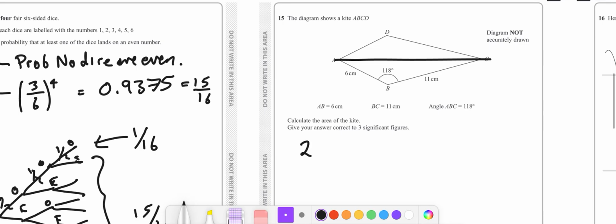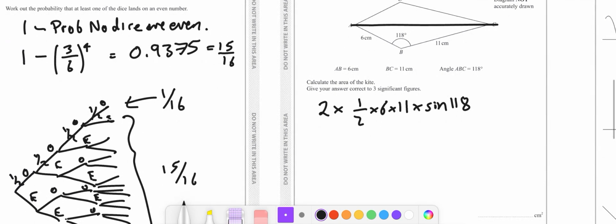We've got 2 times half times A times B times sine of the angle between, just from the formula on the formula sheet, so that's going to be 58.2745, which is 58.3.